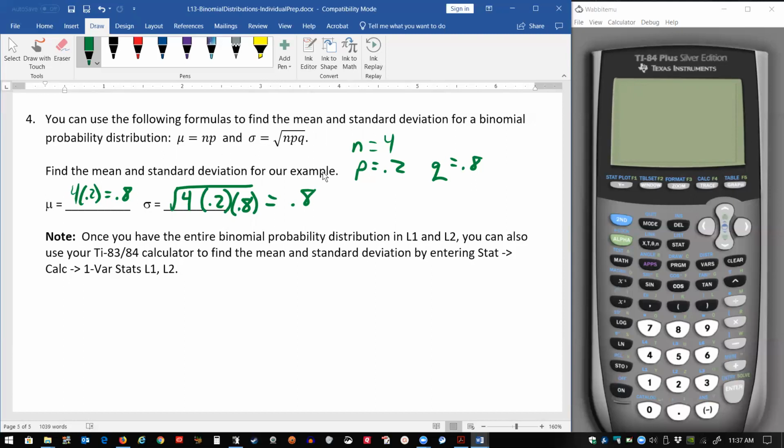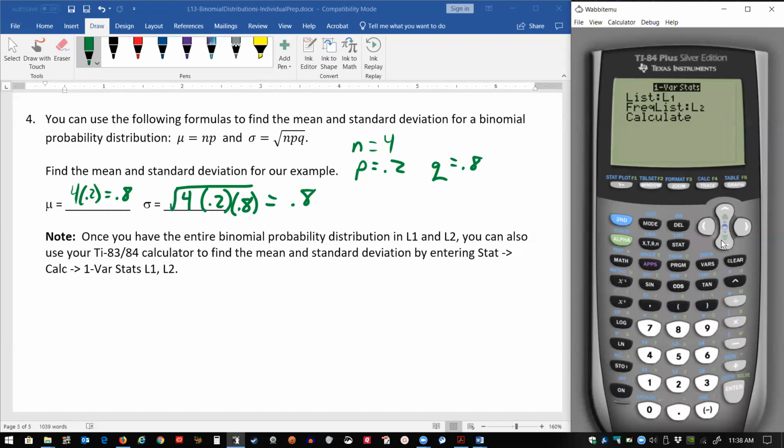Good? Because you took the time to put the entire probability distribution in your calculator, we can also use our one variable stats option with the frequency list of the probabilities to find the mean and standard deviation, just like we did in our previous lesson. Awesome, so hit stat, go to calc, enter on one variable stats. Our first list is going to be list 1.